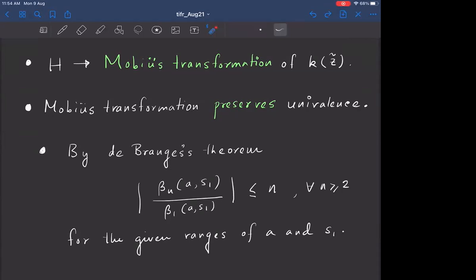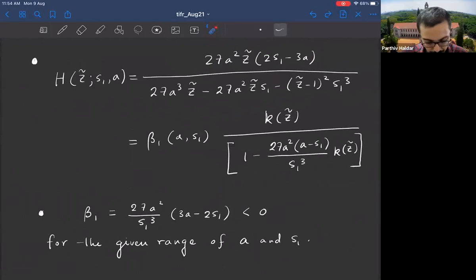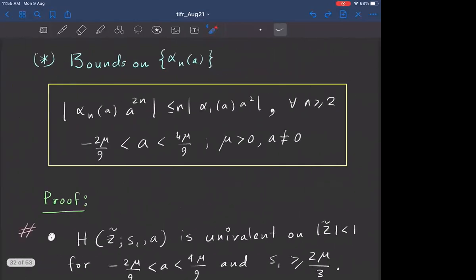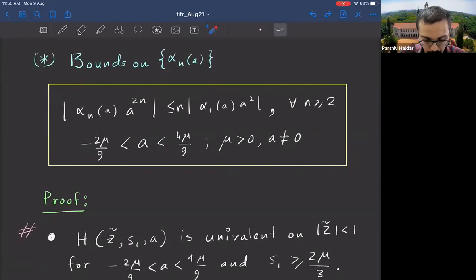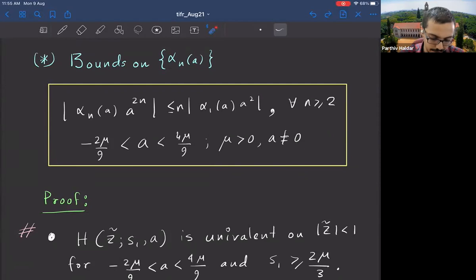Can you say what is the significance of the range of A, physically, for which this is valid, if there is any significance? You had some physical numbers, like minus 2 mu by 9, right? Where are these numbers coming from? What are they? Oh, sorry.